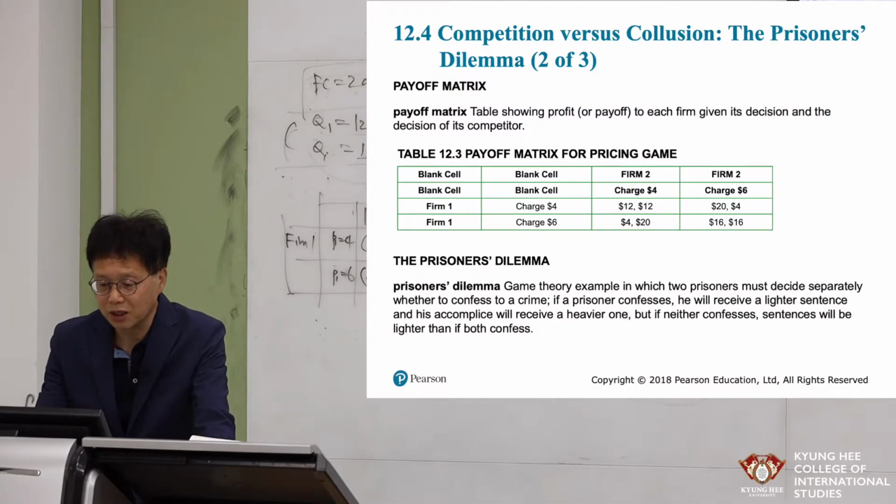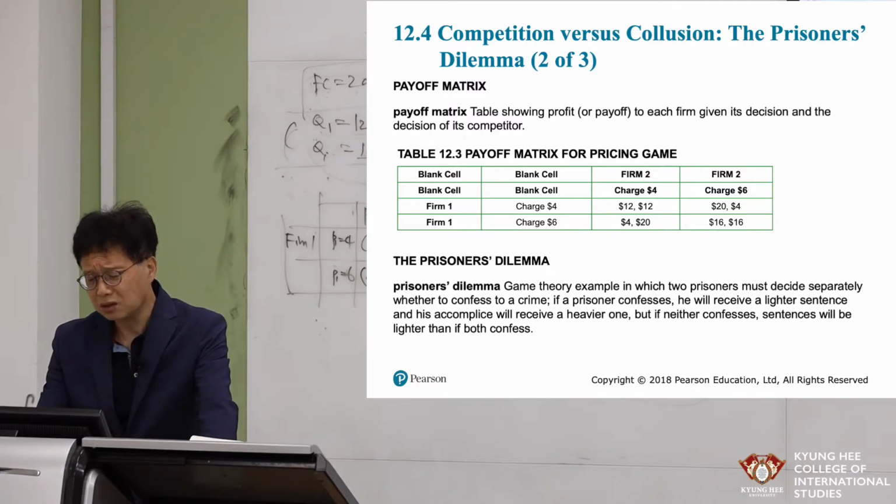Table 12.3, the pricing game, right? Actually, this is a prisoner's dilemma game. A game theory example in which two prisoners must decide separately whether to confess to a crime. If a prisoner confesses, he will receive a lighter sentence, and his accomplice will receive a heavier one.